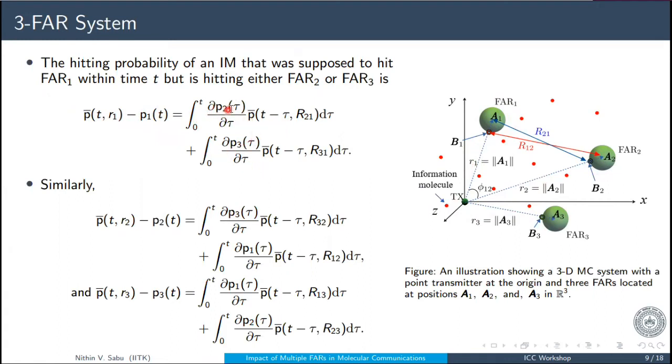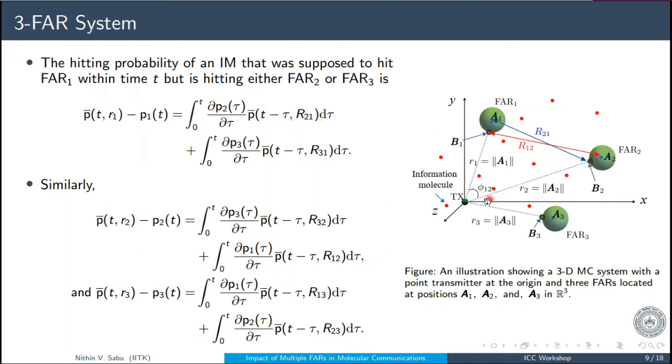Here, dou P2 tau by dou tau is the probability that a molecule emitted from this transmitter reaches the FIR2 at the time interval tau d tau. If the IM is not absorbed by FIR2, it will move to FIR1. The probability that this molecule will eventually hit FIR1 in the remaining time t minus tau is given by P bar of t minus tau, R21.